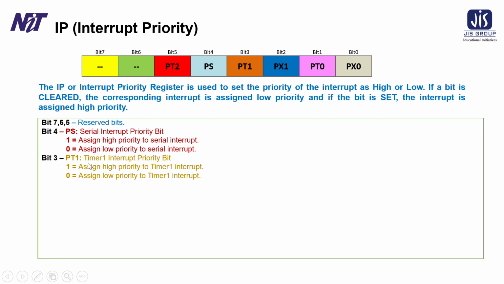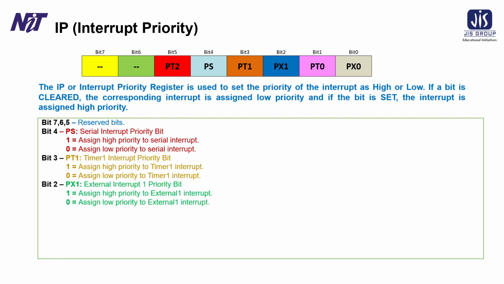Bit 3 is PT1, the timer 1 interrupt priority bit: 1 assigns high priority to the timer 1 interrupt, 0 assigns low priority to the timer 1 interrupt. Bit 2 is PX1, the external interrupt 1 priority bit: 1 assigns high priority to the external 1 interrupt, 0 assigns low priority to the external 1 interrupt.